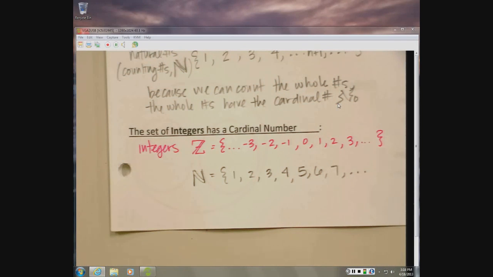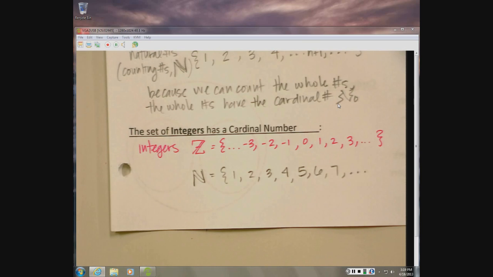The problem I have is this. When I look at my set of integers, I don't have a first integer if I list it out this way, right? I can't go down to the very beginning of this list because this list goes all the way down to negative infinity. And it goes all the way up to positive infinity. So I can't say this is my first integer, this is my second integer. I'm going to have to reorganize it.